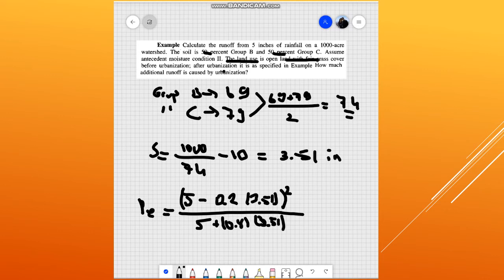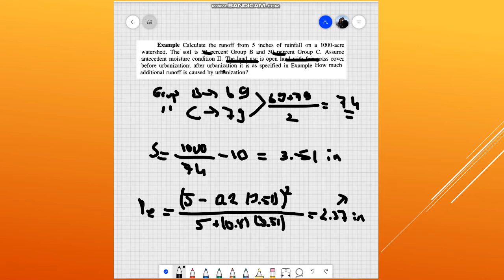When we calculate, we see the direct runoff is 2.37 inch. This is before urbanization.